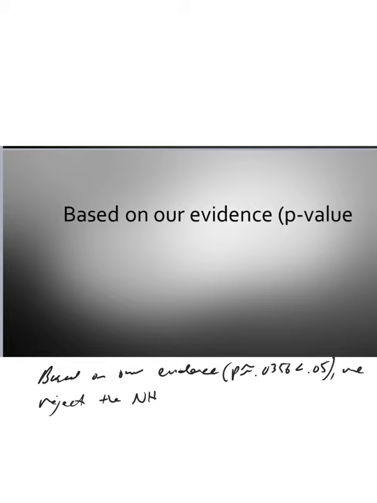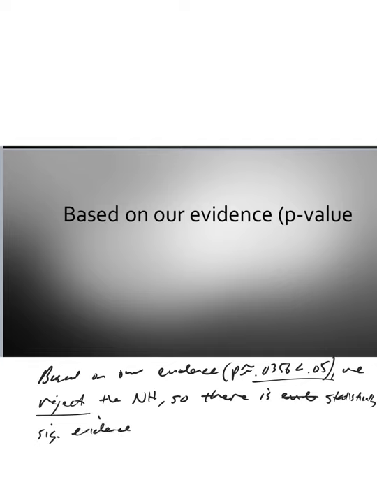And so when p is less than 0.05 here, we get to reject. So it's evidence, this is decision, and by rejecting the null hypothesis, we are saying now, and this is perhaps the most important part, so there is, and I'm going to actually say statistically significant evidence. You can leave that out if you want to, but it's a good habit to write it because that's what it really means here.